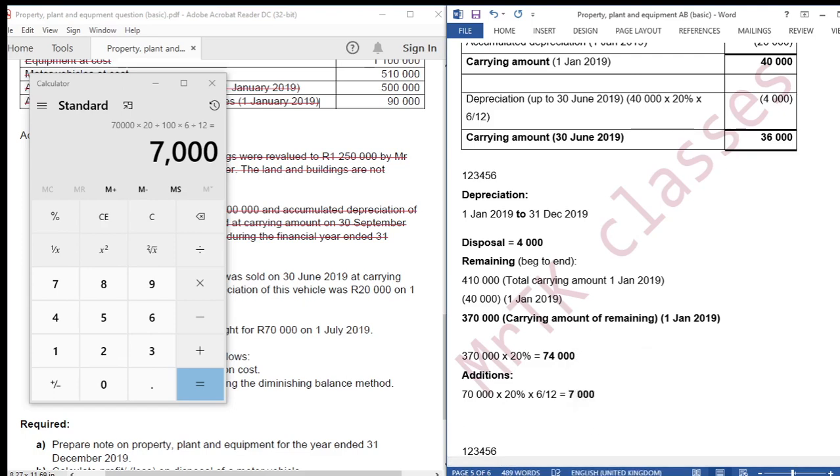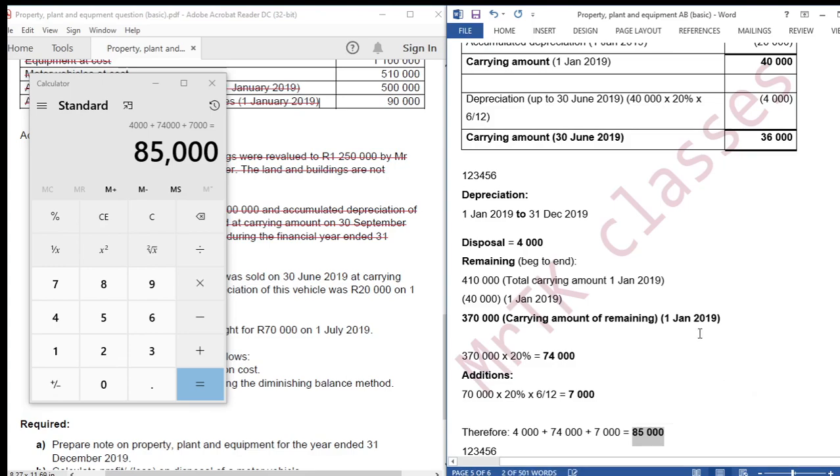Therefore, 4,000 plus 74,000 plus 7,000 is equals to 85,000.